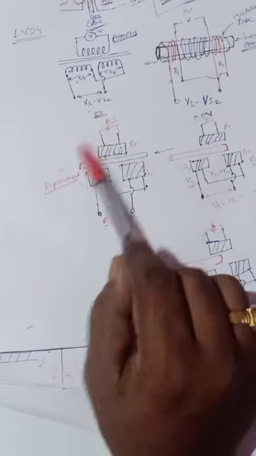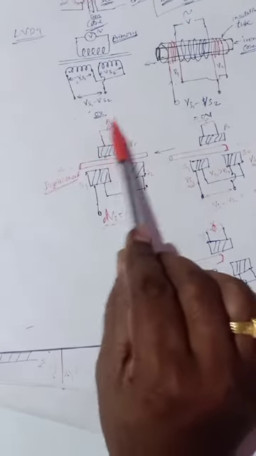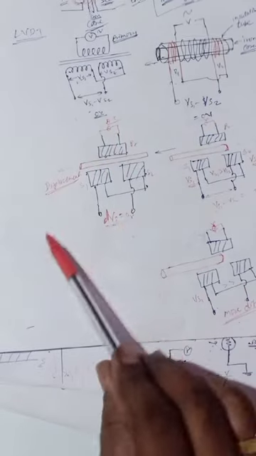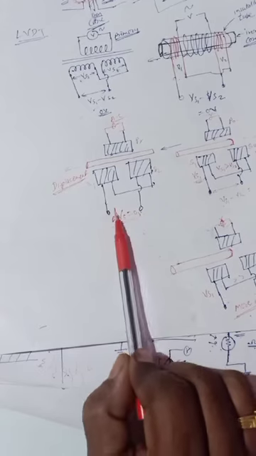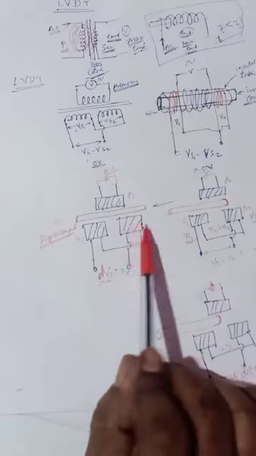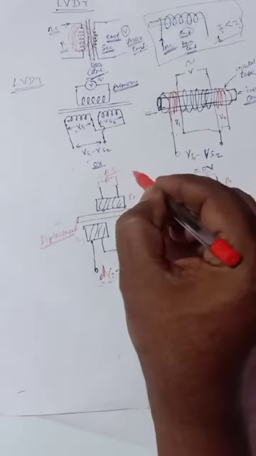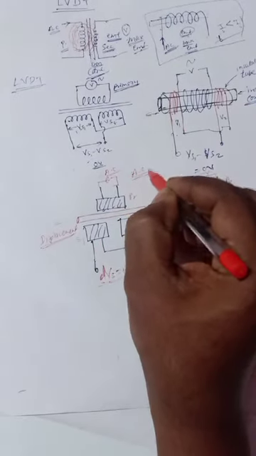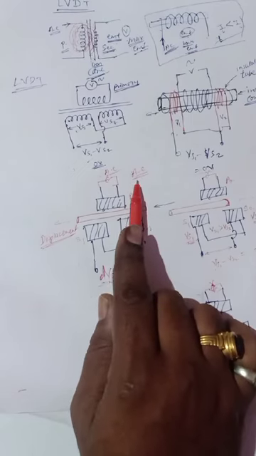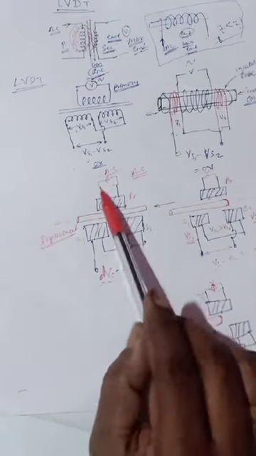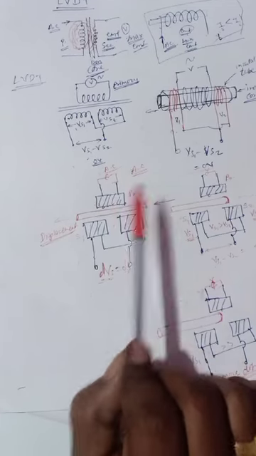What happens if you apply DC voltage here? If we apply a DC voltage, then no voltage is generated at the output. Why? Because a transformer only works on AC voltage. Mutual inductance or self inductance also works only on AC voltage.